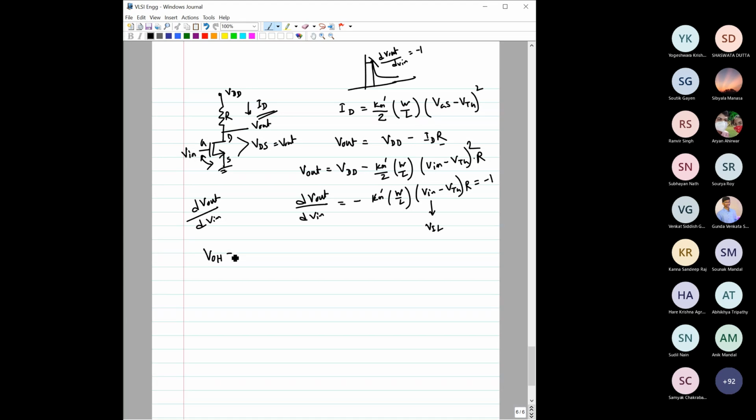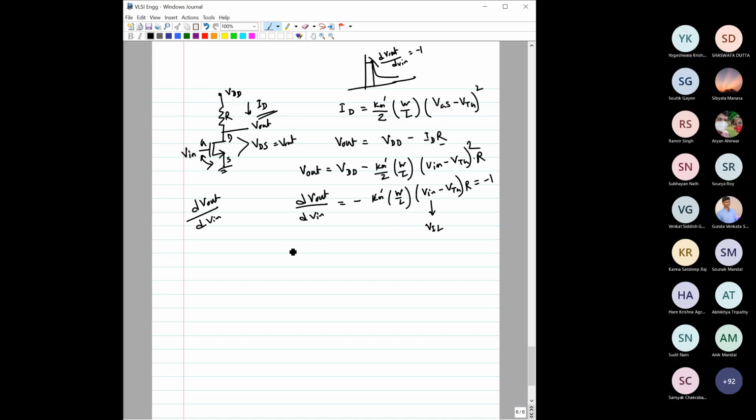Can anyone tell me what should be the value of VOH? VDD minus L by 2 W Kn prime R. That R part I forgot. We should first find VIL and then substitute it in that equation and then find VOH. We will find VIL first. Tell me what is the value of this VIL?